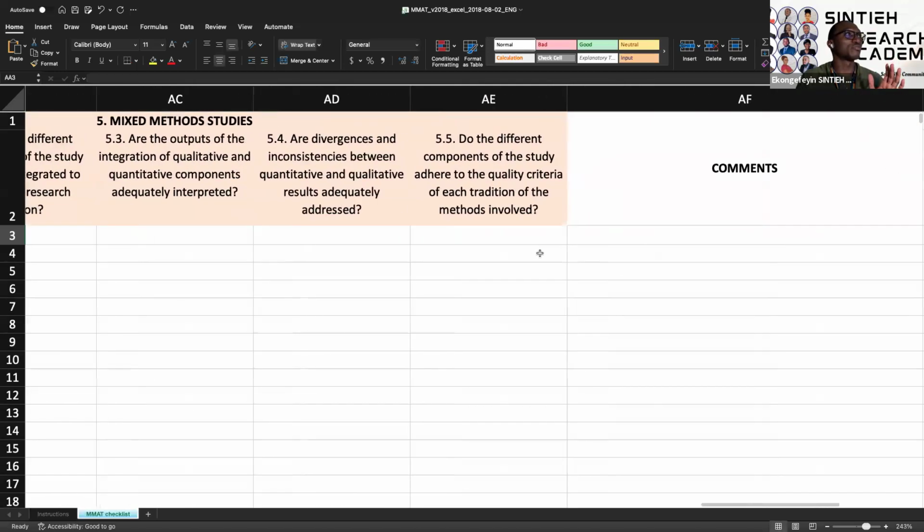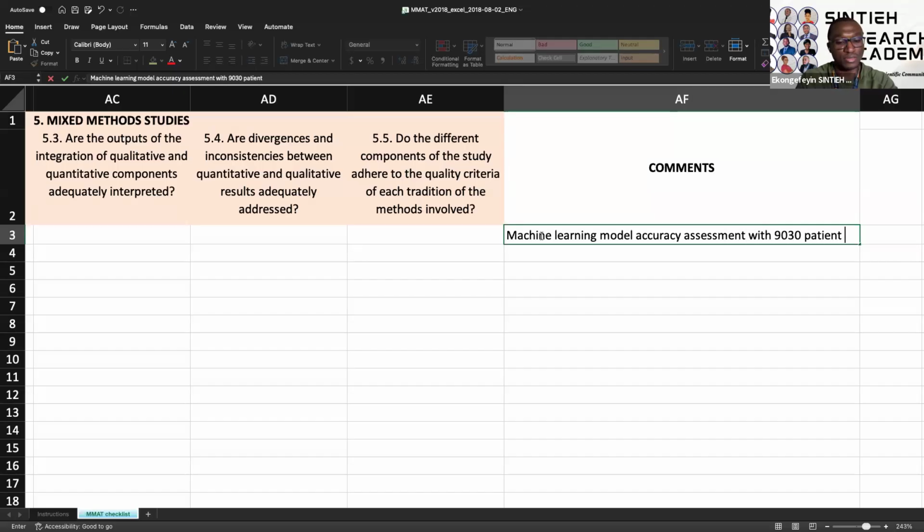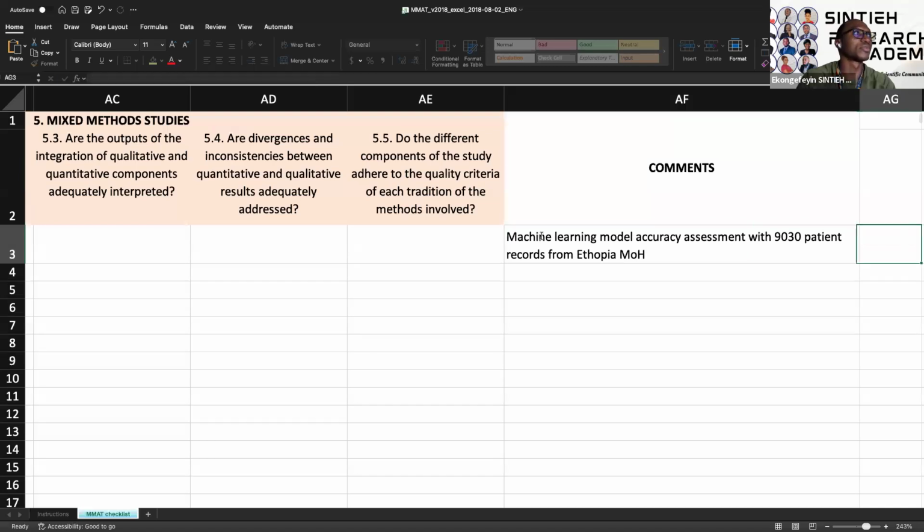Then I'm just going to give my comments here. I would say: machine learning model accuracy assessment with 90,000 patient records from Ethiopia Ministry of Health.